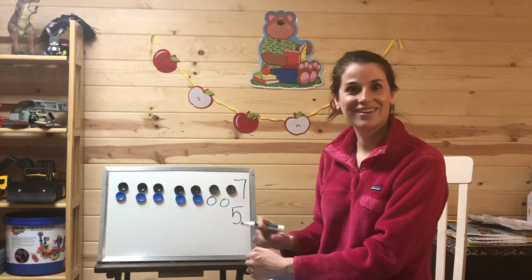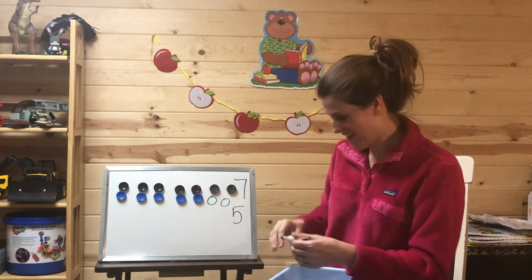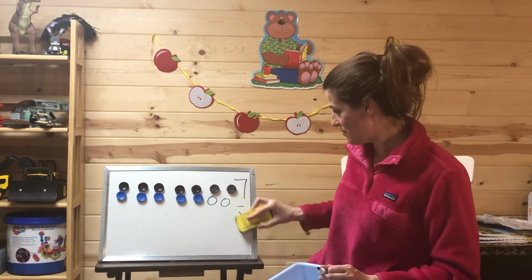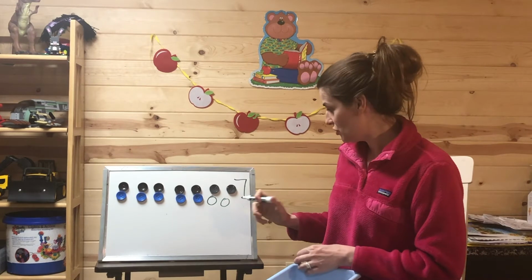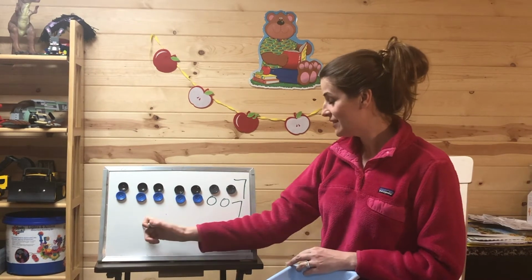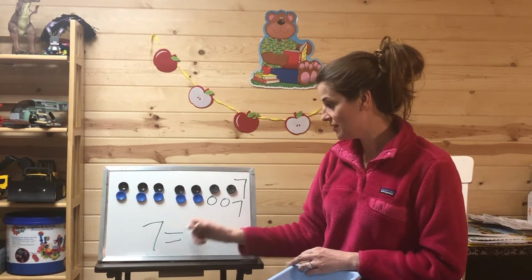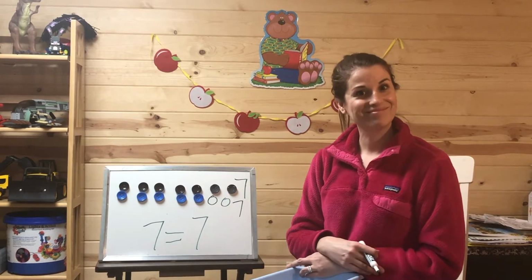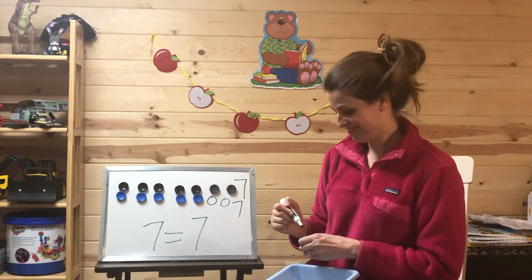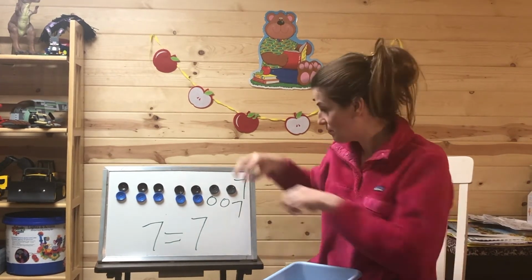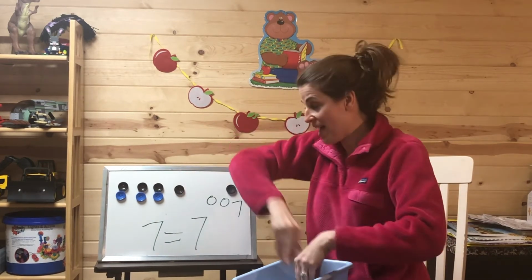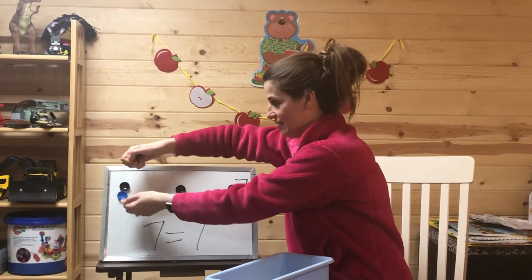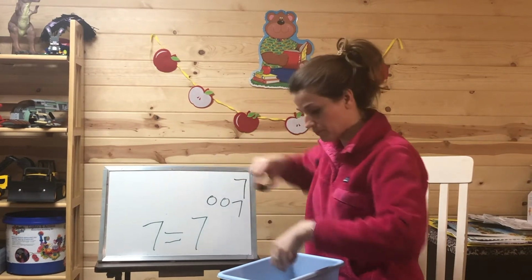Did you say 2? Awesome. Good job. So now we've got 2 7s. 7 equals 7. Okay? All right. Doing math, lots of different ways this week.